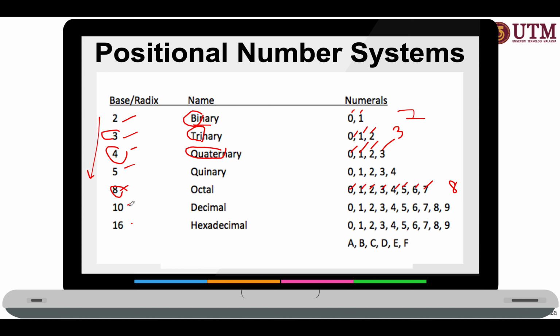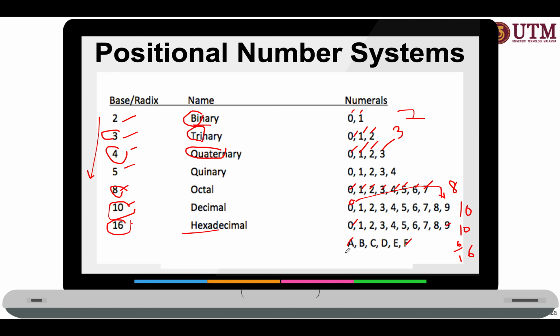For base 10, we have 0 until 9, so the total is 10 digits. And also 16, which we call hexadecimal. We have 0 until 9, which is 10, and then A until F, which is 6, for a total of 16.